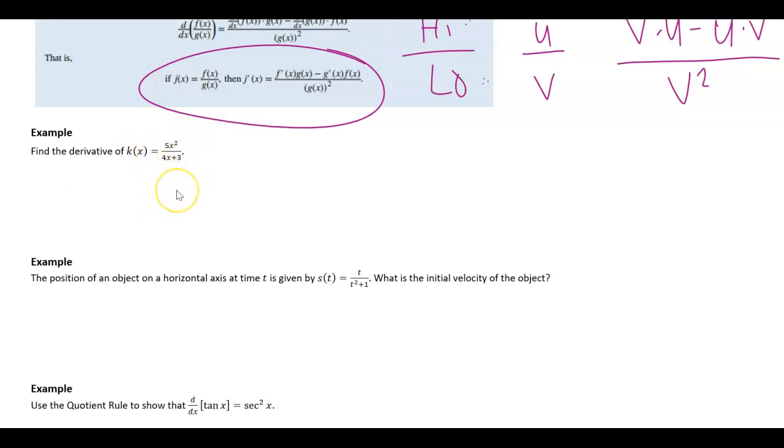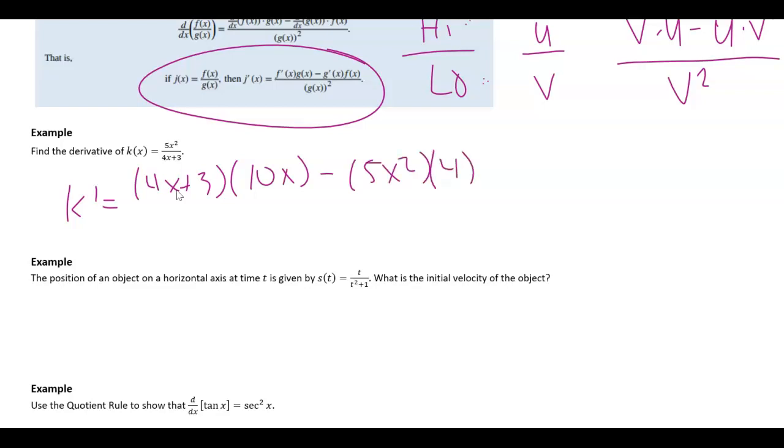So in order to take this derivative, I'm going to do low. D high would be 10x minus high. D low would be 4, all over low squared. Let's go ahead and simplify some of this.